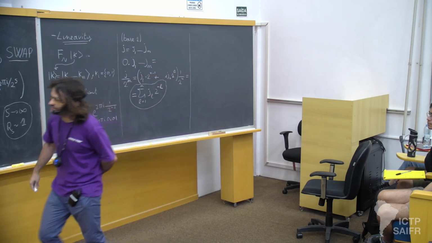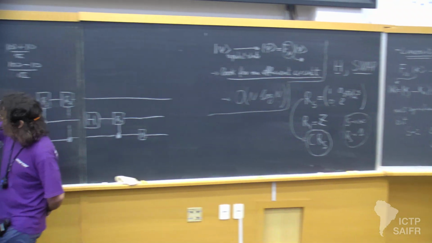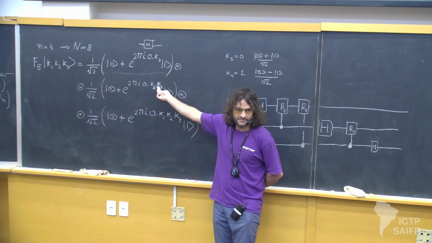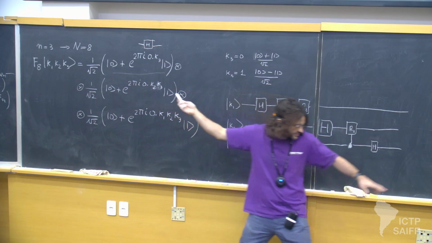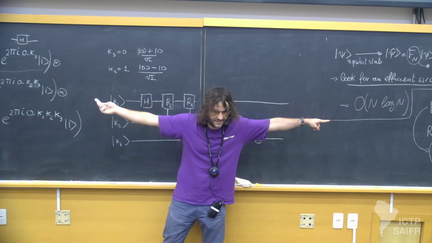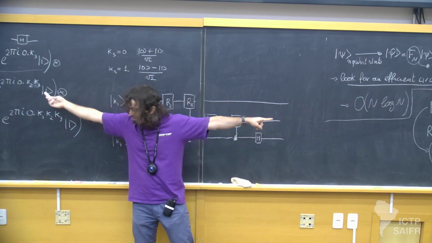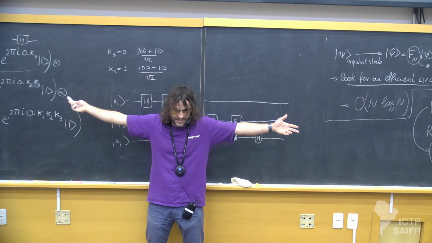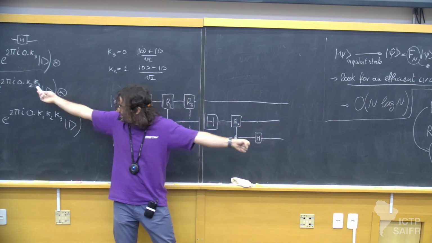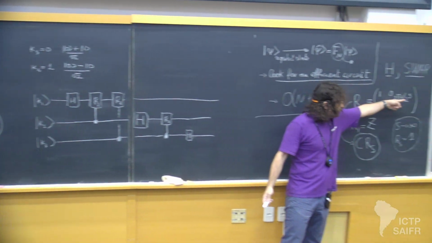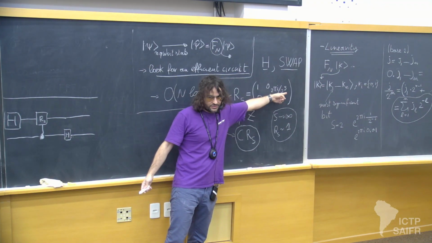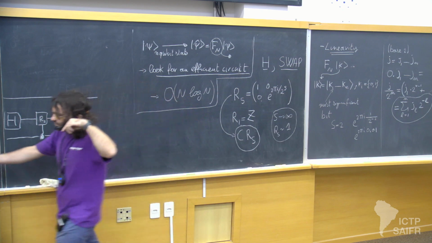Because you want the rotation at the second digit, right? Let's call it rotation. The operation RS at the first digit is just a Hadamard operation. At the second digit it becomes this operation, and to go to the second digit, you have to put 2 to the 2. Then let's see the last one.